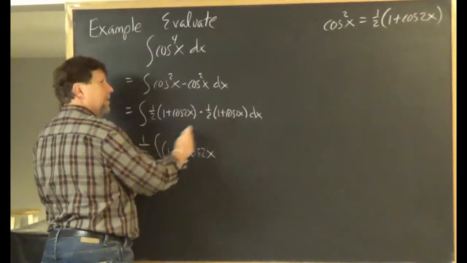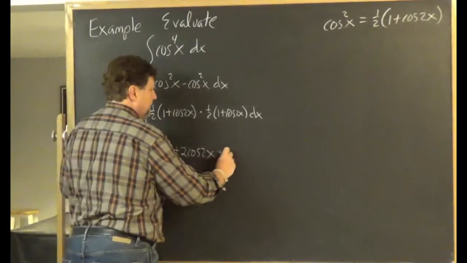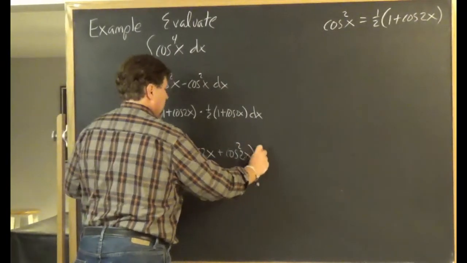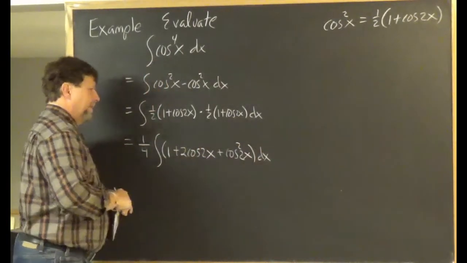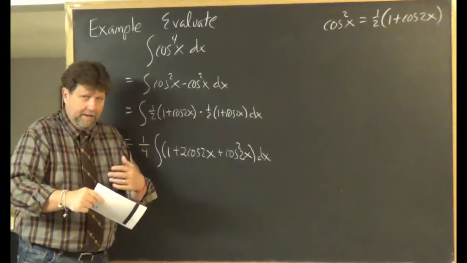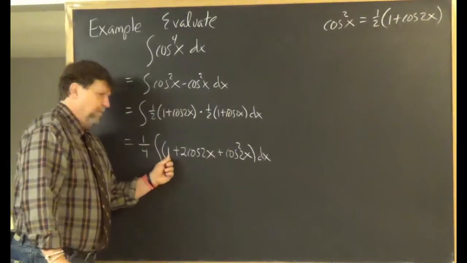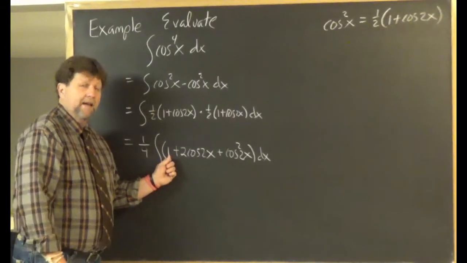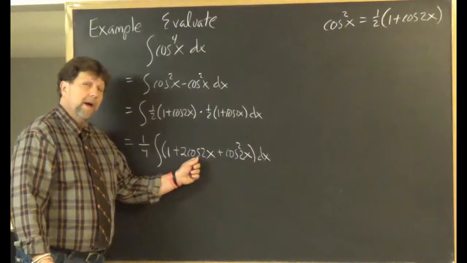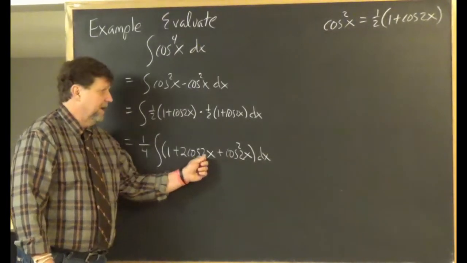And cosine 2x times cosine 2x gives me cosine squared 2x. Looking at term-by-term integration, we're really making serious progress here. We know the antiderivative of 1 is x. We know the antiderivative of 2 cosine 2x is sine 2x.